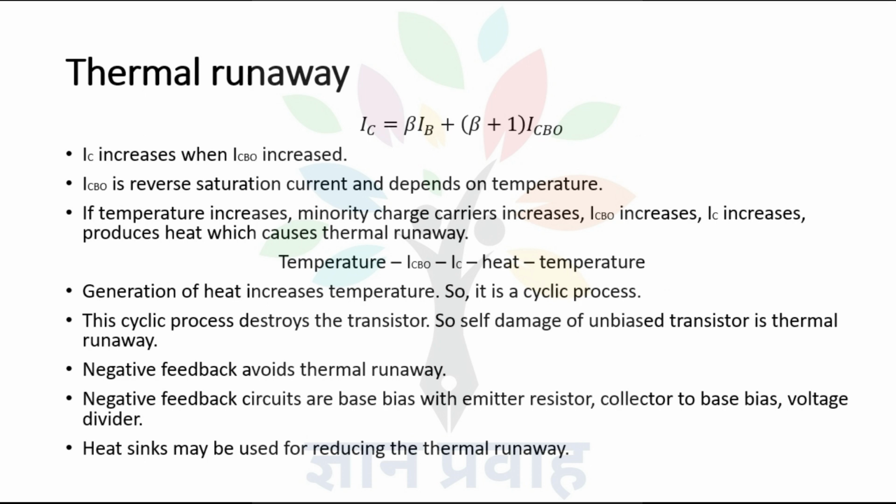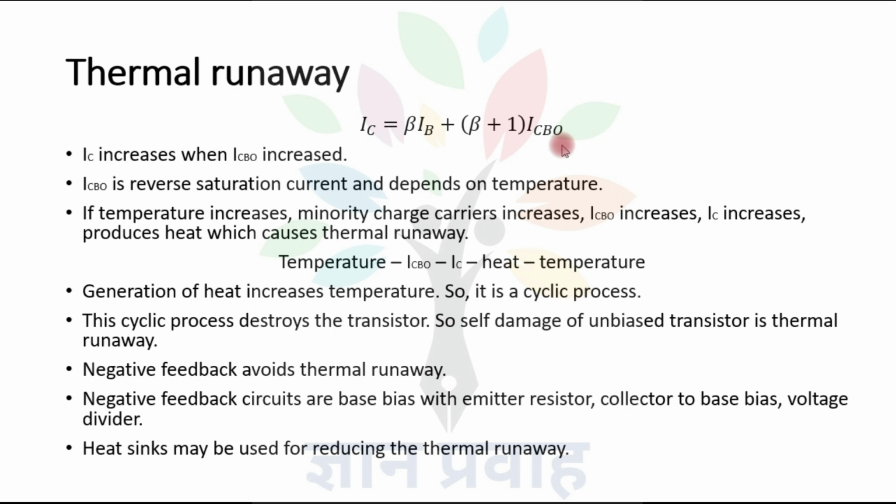Thermal runaway. In case of common emitter configuration, we know the expression for output current, that is IC equal to beta IB plus (beta plus 1) ICBO. So from this expression we can see IC depends on beta, IB and ICBO. If any change in beta, IB and ICBO occurs, it means IC will also change. IB depends on the VBE voltage, that is the input voltage, and VBE and ICBO are temperature dependent.